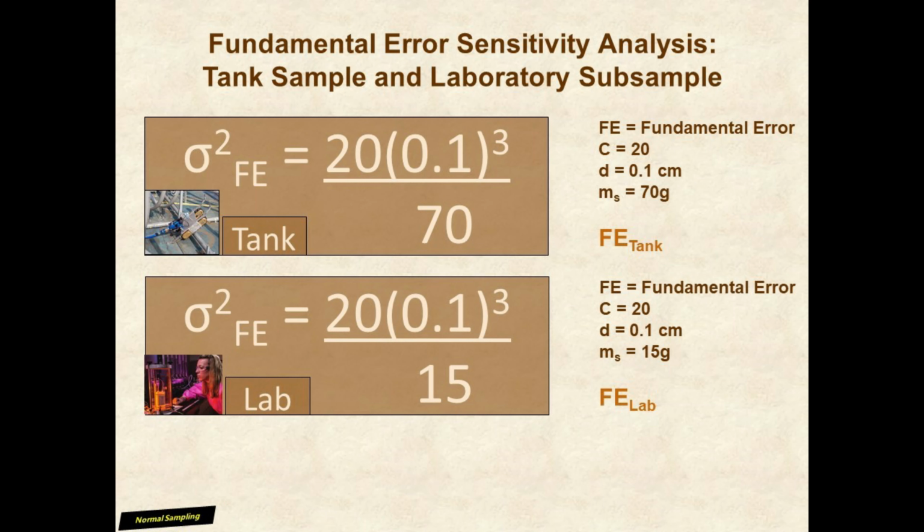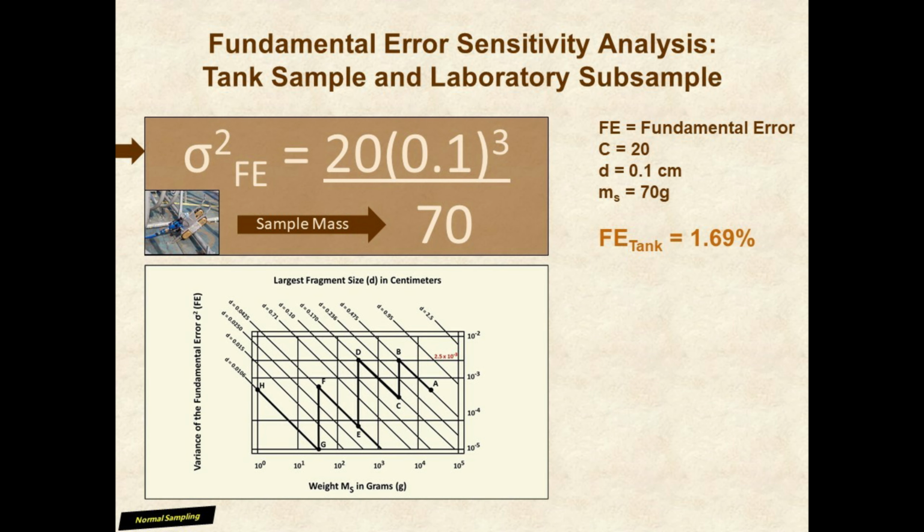Here we plug in the actual SRS tank numbers and masses into Pierre Gy's fundamental error equation for a tank sample and a laboratory sample. The nomograph below shows the fundamental error occurs at every sampling and subsampling stage. We'll examine the fundamental error at the tank level as well as the fundamental error for a potential subsample at SRNL. The equation presents the calculation for the tank sample.